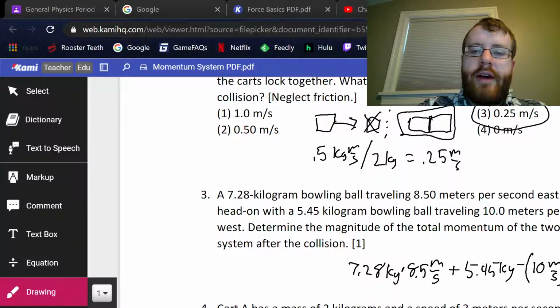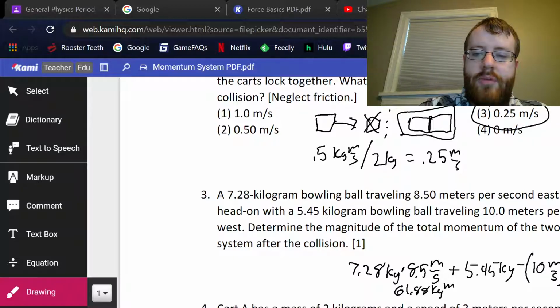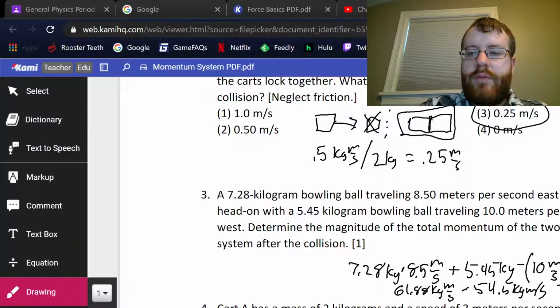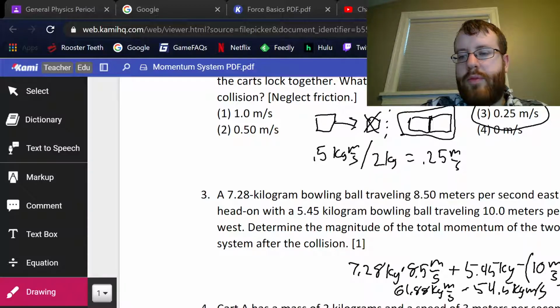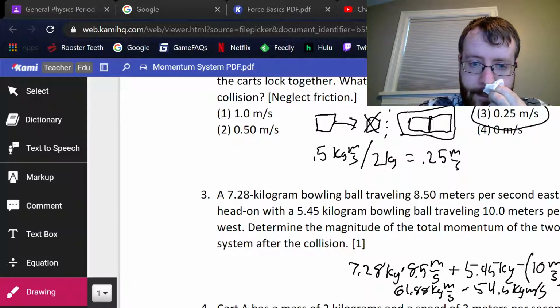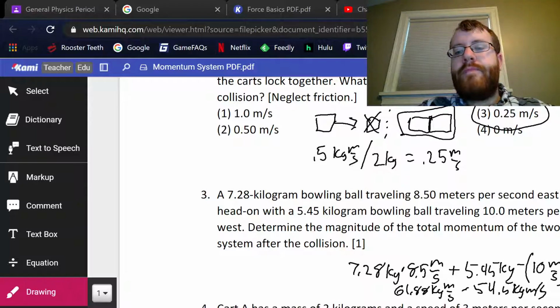When I do this math out, I get 61.88 kilogram meters per second minus 54.5 kilogram meters per second, which gives me a total answer of 7.38 kilogram meters per second. Sorry, my nose is a little runny for whatever reason. But that is my answer right there.